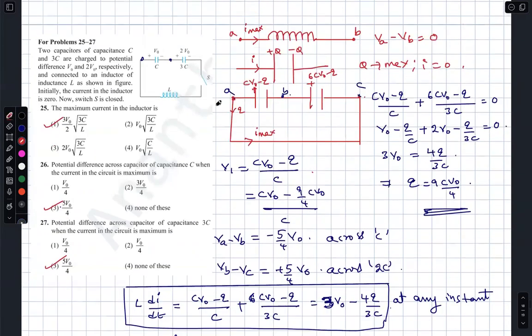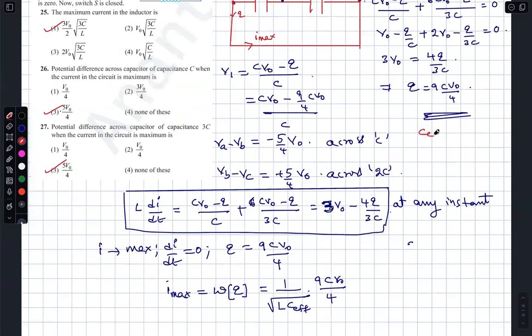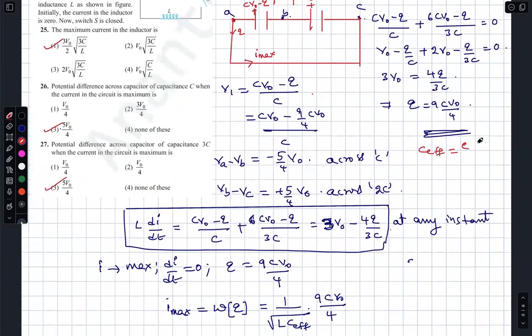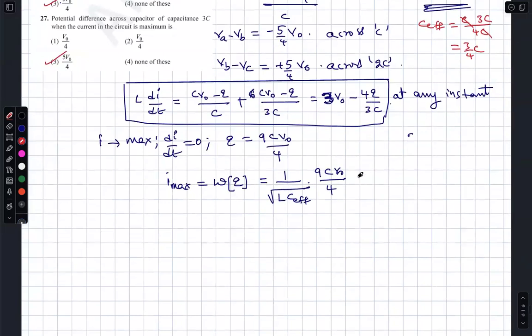C effective is nothing but the series combination of two capacitors, C and 3C in series, which is 3 by 4 C. So therefore, this can be written as root 4 by 3LC times 9CV0 by 4. Remember, that is the maximum current.